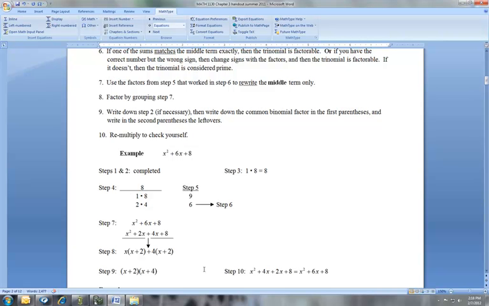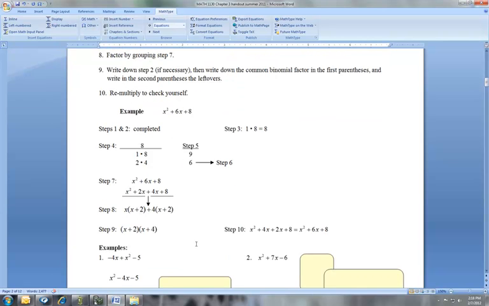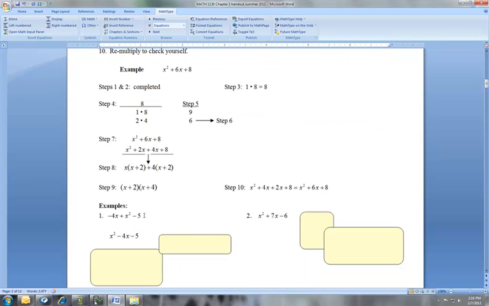Fairly condensed, fairly quick. Actually, there is a shortcut only when your A value is 1, and we'll look at it in just a minute. Step 10, if you FOIL it, then you come right back with the original problem, which means I factored it correctly. Okay, this example. First thing, it wasn't written in descending order, so I've got to put it in descending order. My A value here is 1, my B value is -5.